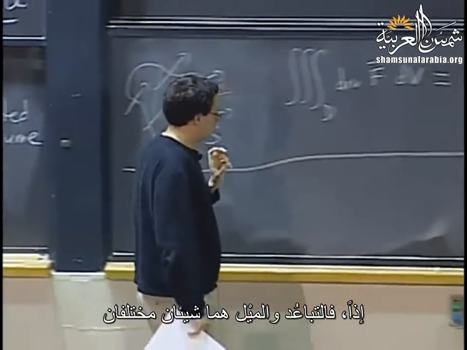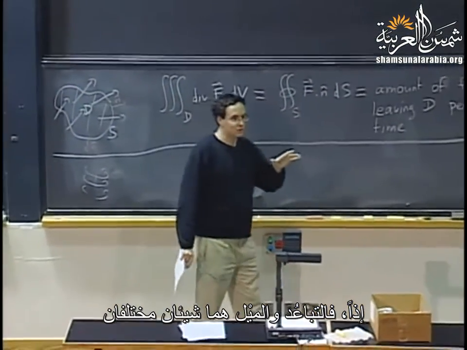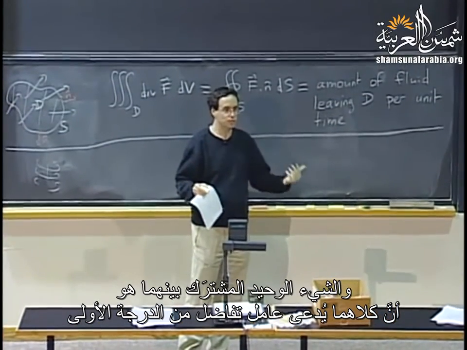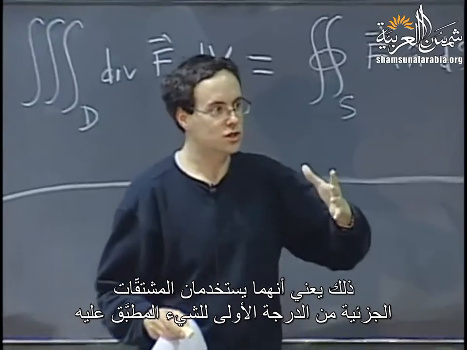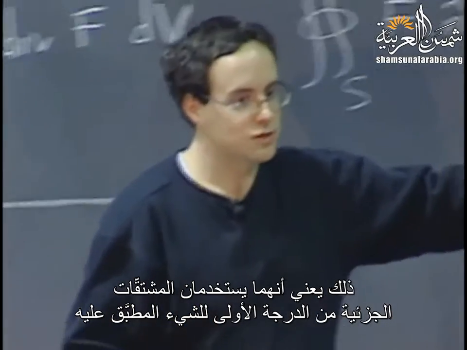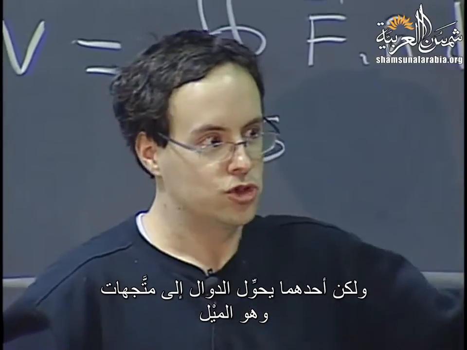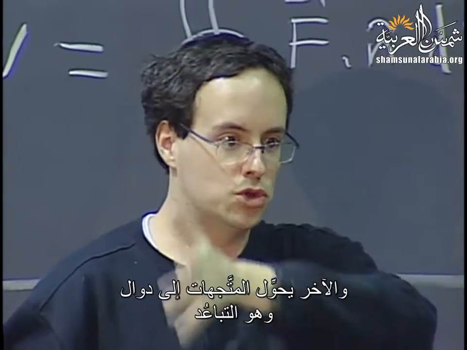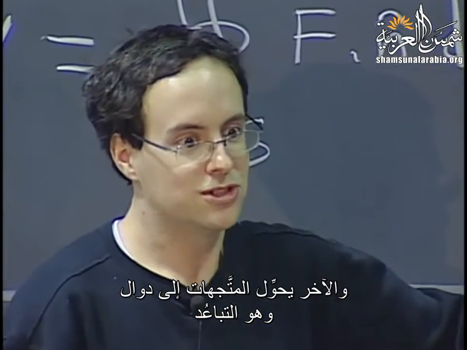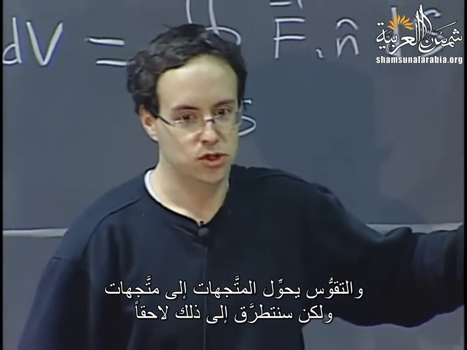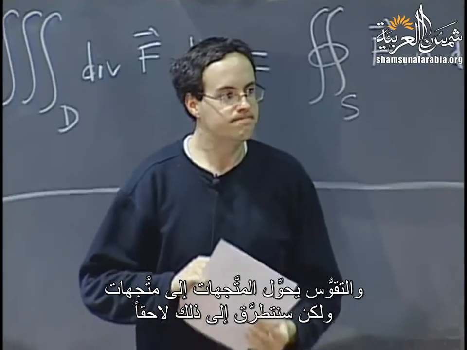So divergence and gradient are completely different things. The only thing they have in common is that both are what's called a first-order differential operator. That means it involves the first partial derivatives of whatever you put into it. But one of them goes from functions to vectors, that's gradient. The other goes from vectors to functions, that's divergence. And curl later will go from vectors to vectors, but that will be later.